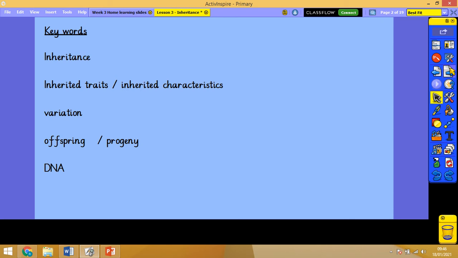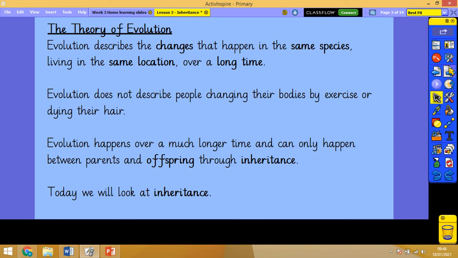I'll explain what each of these means, but we should already know what they mean from our first lesson clarifying all that vocabulary. So the theory of evolution, and it does tie in to inheritance, so I'll explain why. This theory describes changes that happen in the same species living in the same location over a long time. We're not talking about a couple of weeks, we're talking about hundreds of thousands, if not millions, hundreds of millions of years.